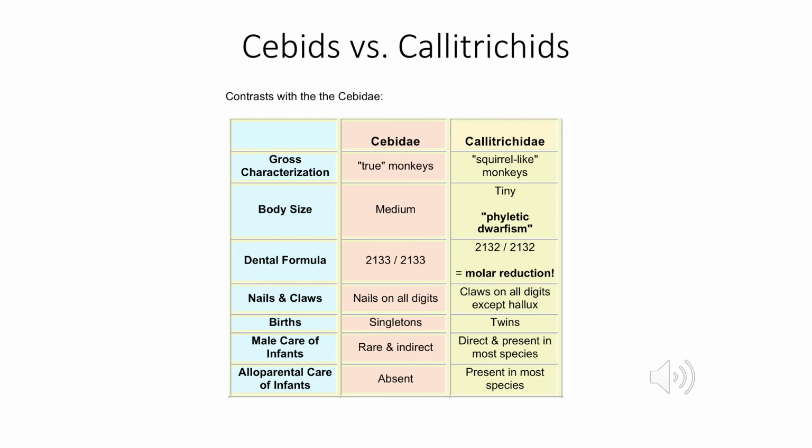We're going to dive into social structures in the next section after taxonomy, but what that means is that one female often has two males that she breeds with. Because she has infants, they help her take care of those infants because she wouldn't be able to do that on her own. Alloparenting, care by somebody other than the parents, is present in most species.